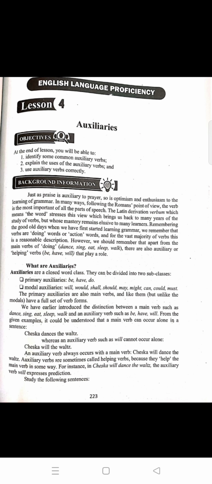So it's incomplete. So an auxiliary verb occurs with a main verb. So you say, Cheska will dance the waltz. Will there is already an auxiliary verb because it was used there to help the main verb. The main verb there is dance. And the function of that helping verb there is to express prediction.